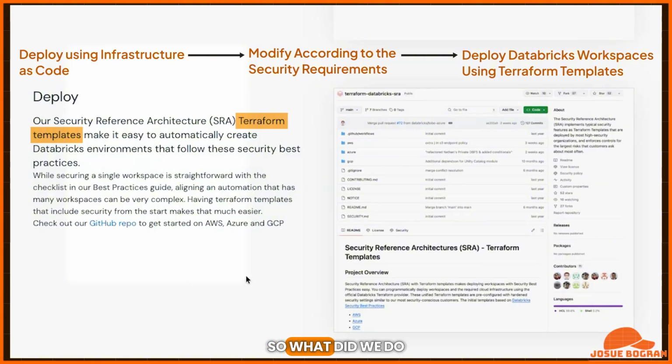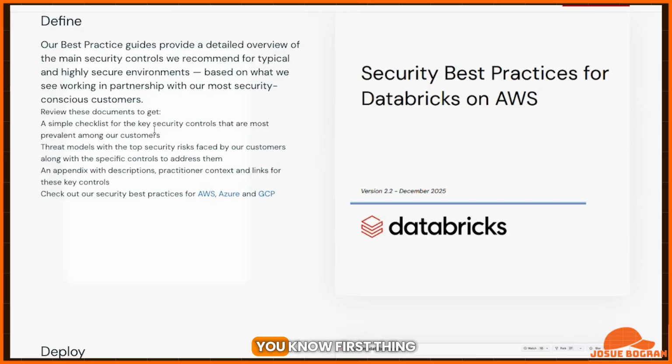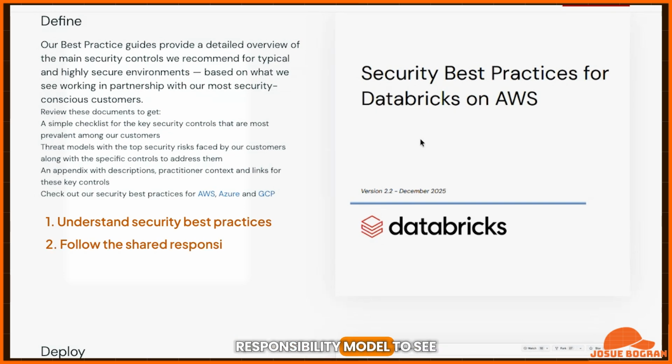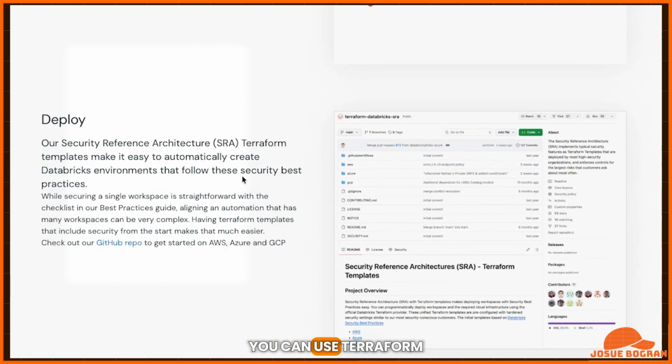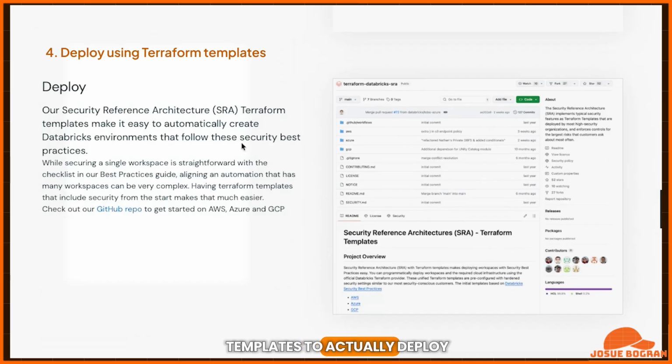So what did we do? First, use and understand the security best practices, and then follow the shared responsibility model to see which parts of the security configurations you as a customer need to understand, and which ones are applicable to your own situation. Once you have that, you can use Terraform templates to deploy according to those best practices.